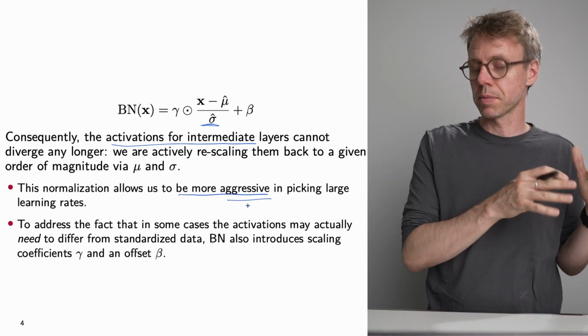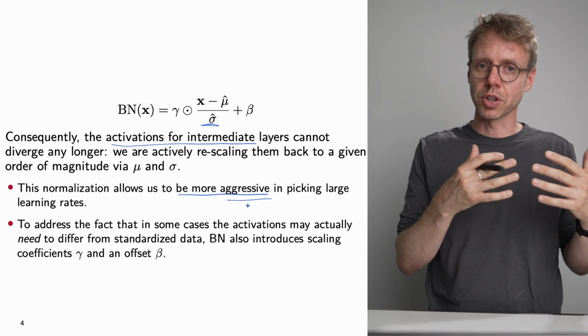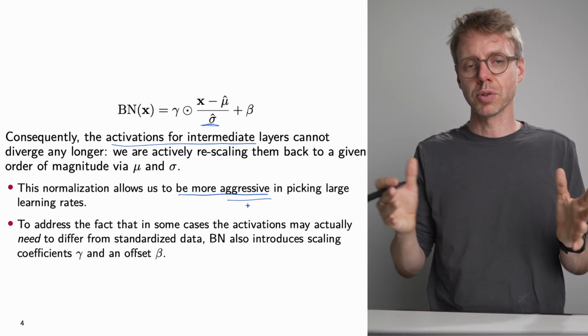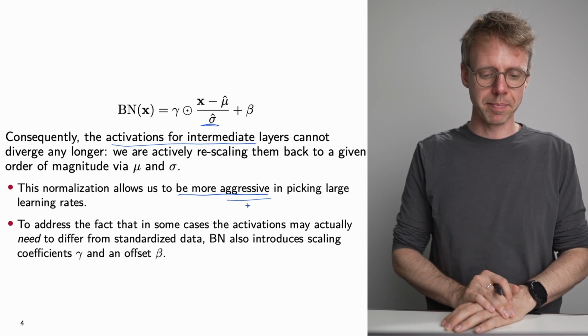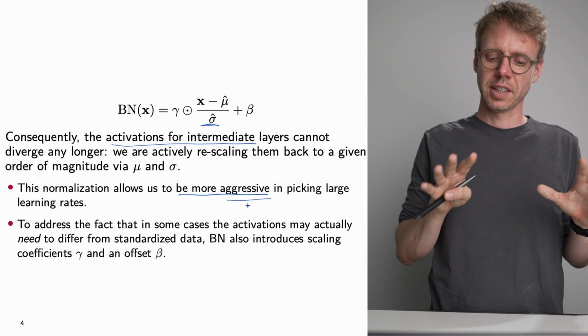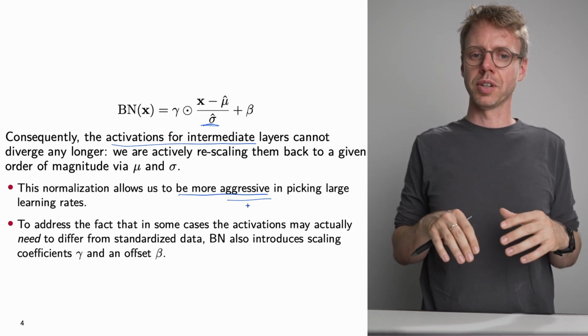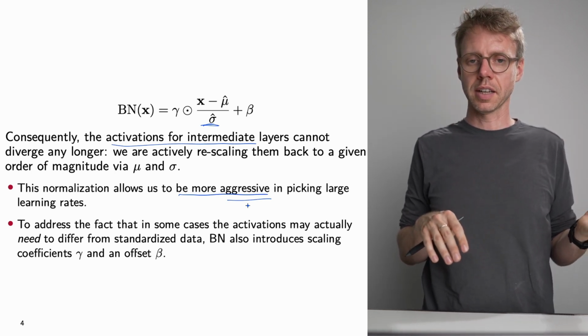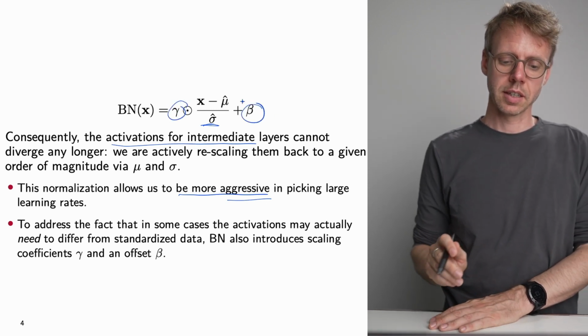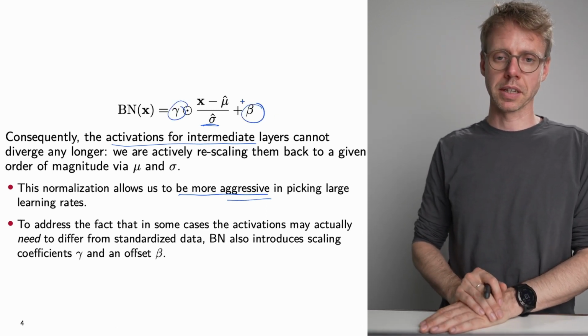So our training will be more robust to different choices of the learning rate, which means that we can pick larger values in order to make more progress over time. Now, there are some cases where the activations may actually need to differ from standardized data, and that is why we introduce these additional parameters gamma and beta.